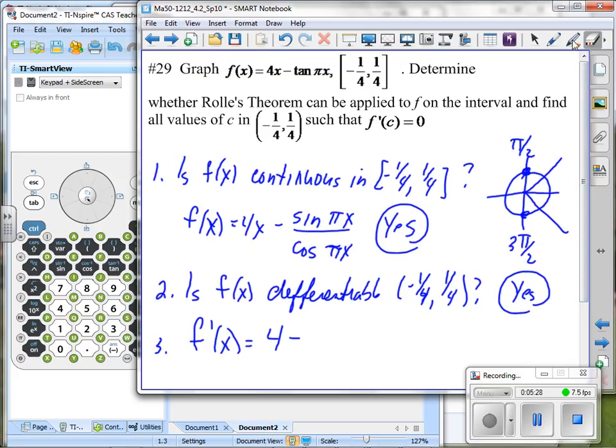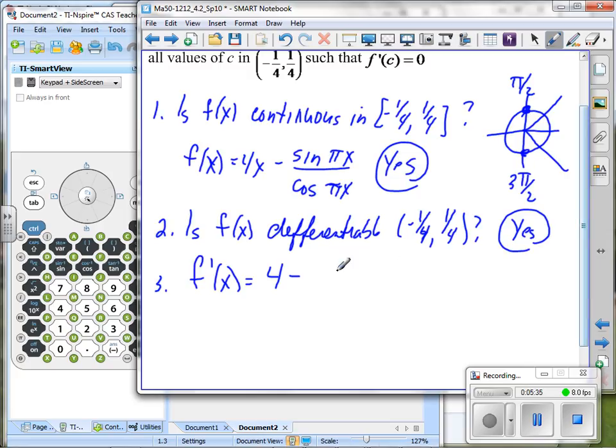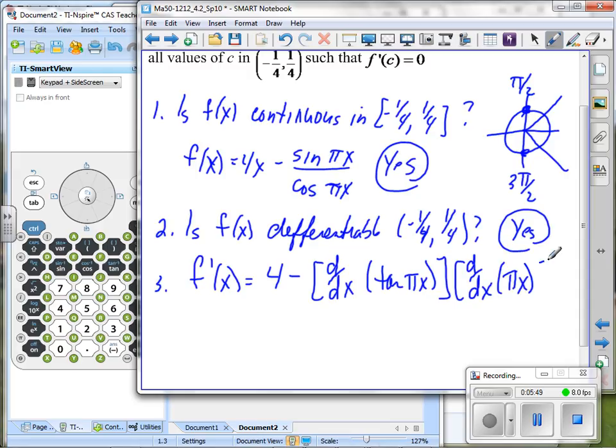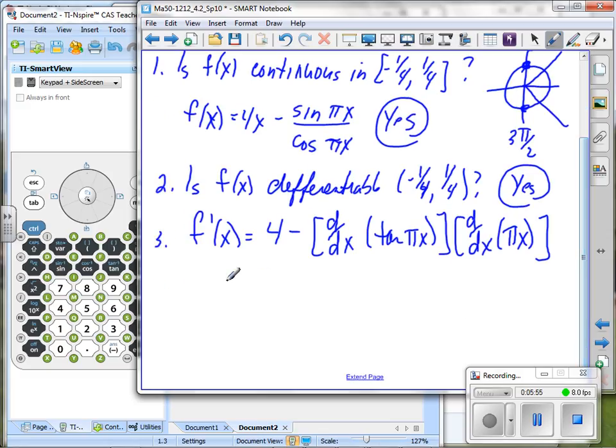If we're looking at this, we've got now a composite function in here, tangent pi x, and so we need to treat it as a composite function. So I need the derivative with respect to x of tangent pi x, and then multiply that times the derivative with respect to x of pi x. So this is the outside function, and this would be the inside function. So what is the derivative of tangent pi x?